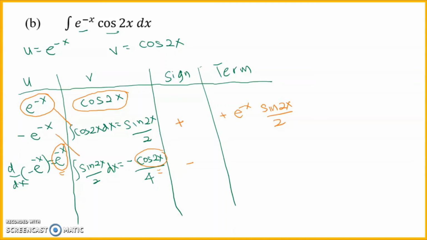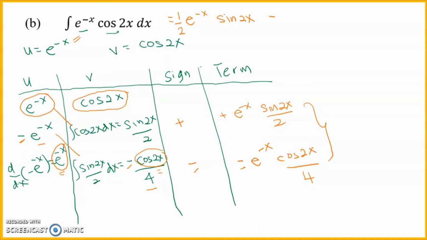And take this times this, we have negative, so it is negative e to the negative x times cos 2x over 4. Summing up gives us the solution: 1 over 2 e to the negative x sine 2x minus 1 over 4 e to the negative x cos 2x plus c. This is the solution for this problem.